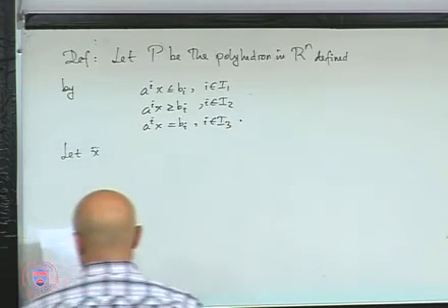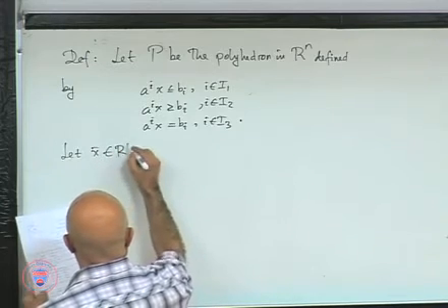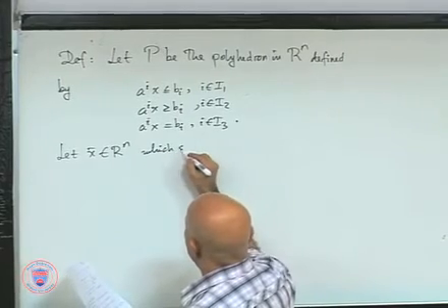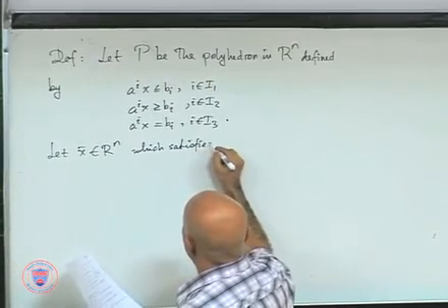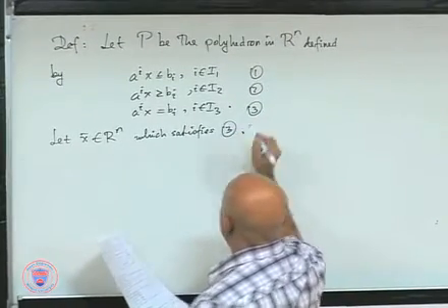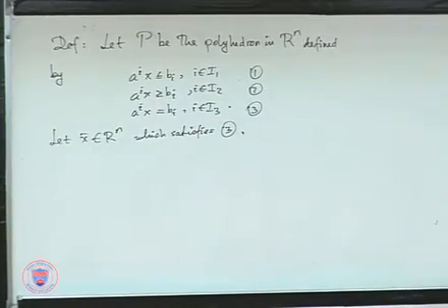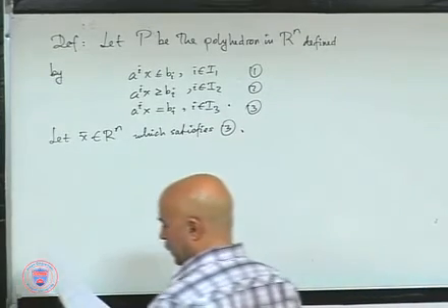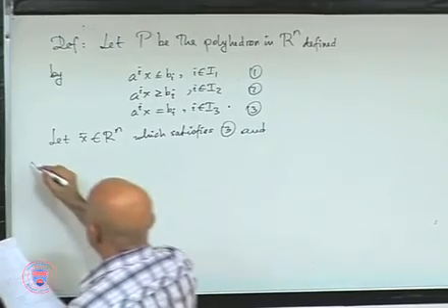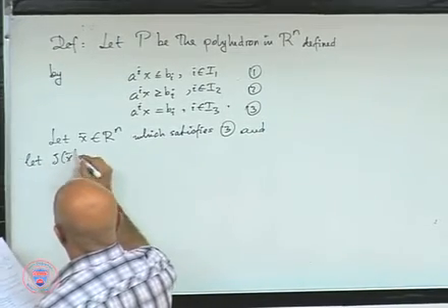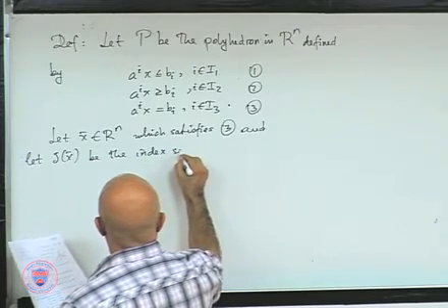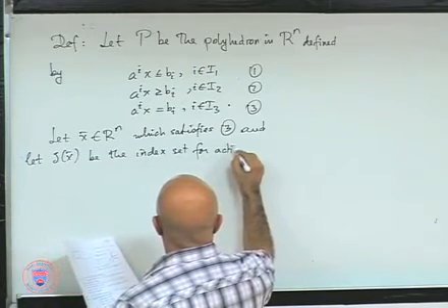This is the same system we're talking about. Let X bar be a point in Rn which satisfies the equality constraints if I3 is not empty. Okay? And let J of X bar be the index set for active constraints.